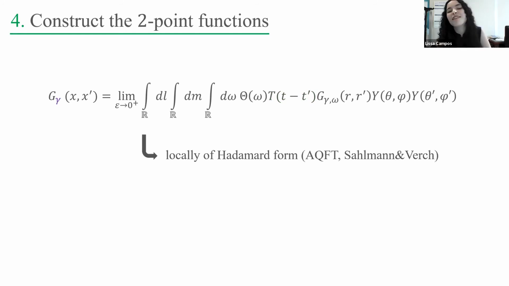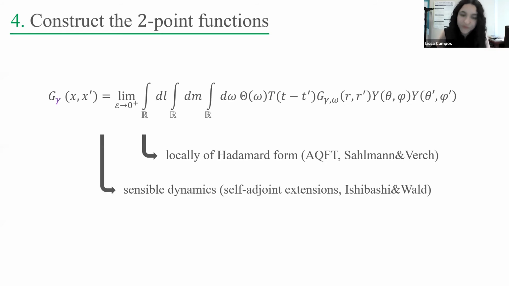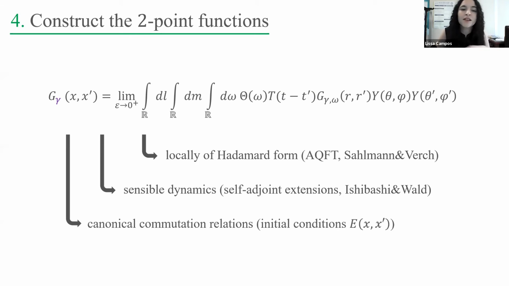Okay. Now, in the end, the 2-point function, if you construct it like this on a static spacetime, such as this one, is guaranteed to be of local Hadamard form. It is guaranteed to yield physically sensible dynamics because we considered self-adjoint extensions and square integrable solutions, and it satisfies the canonical commutation relations.